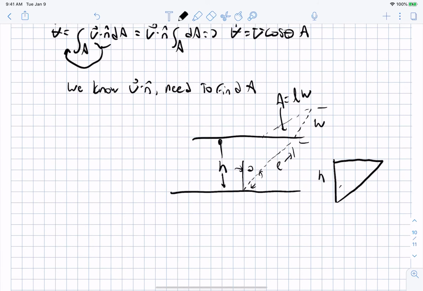We have H, theta, and there's L. Okay, and so you can use properties of trig, and you can find that L equals H over cosine theta. So that implies that the area of our plane is just equal to HW over cosine theta.